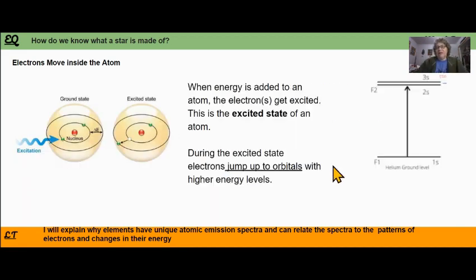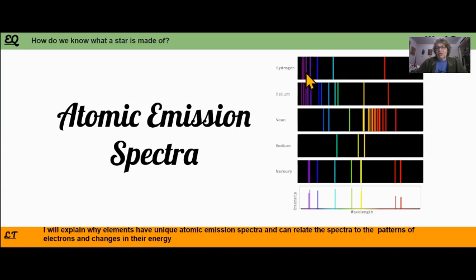And so at the beginning, I was showing you the spectra for the first couple of elements. So you have hydrogen and helium. So hydrogen gives off some purples, blues, and some reds. Helium brings in some greens and yellows.